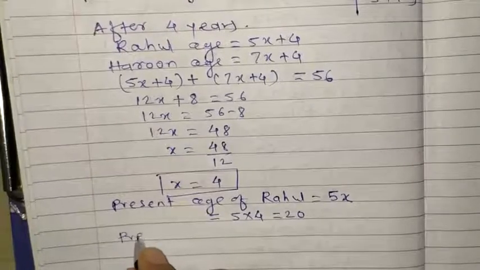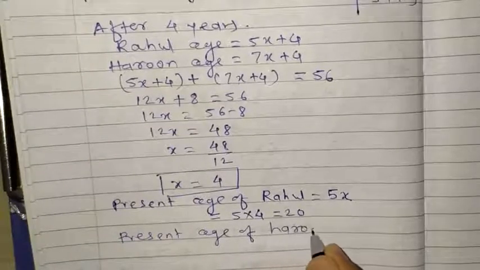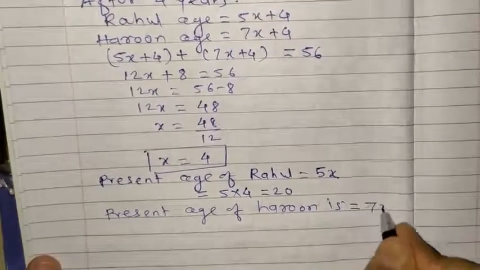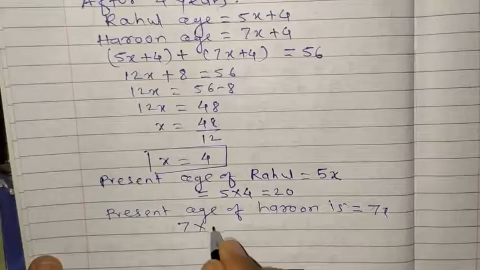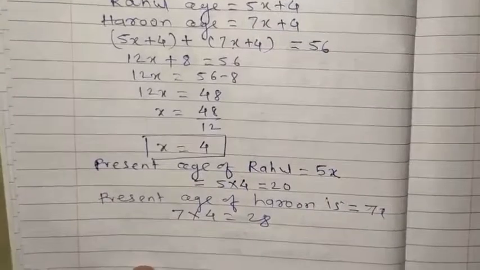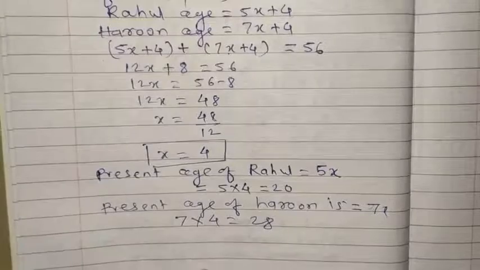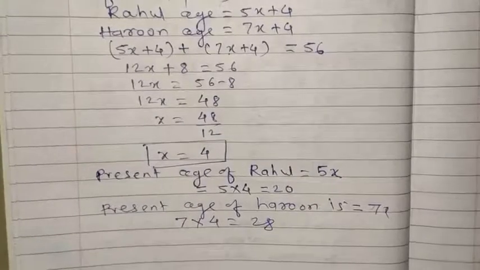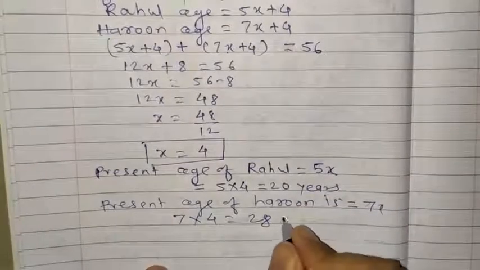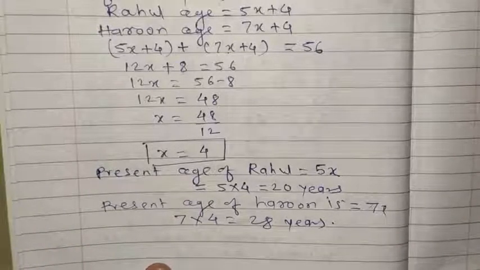Next, the present age of Harun is 7x, so 7 into x. x is 4, so it is 28. So the present ages of Rahul and Harun are 20 and 28 years. So this is the present age. You can write here 20 years and here 28 years. Then after that we will go to the next question.